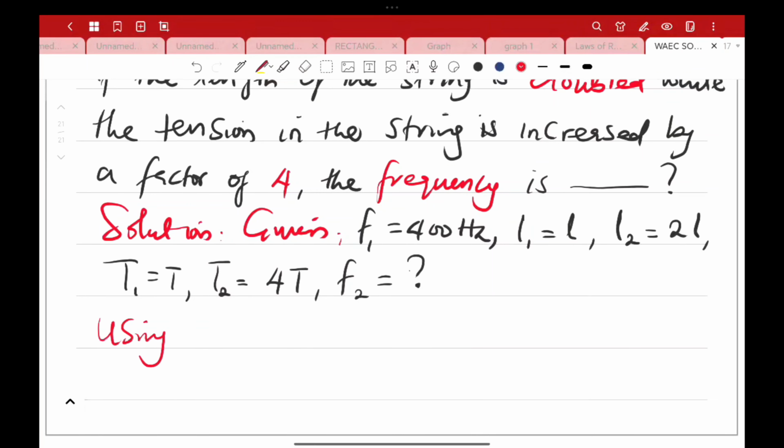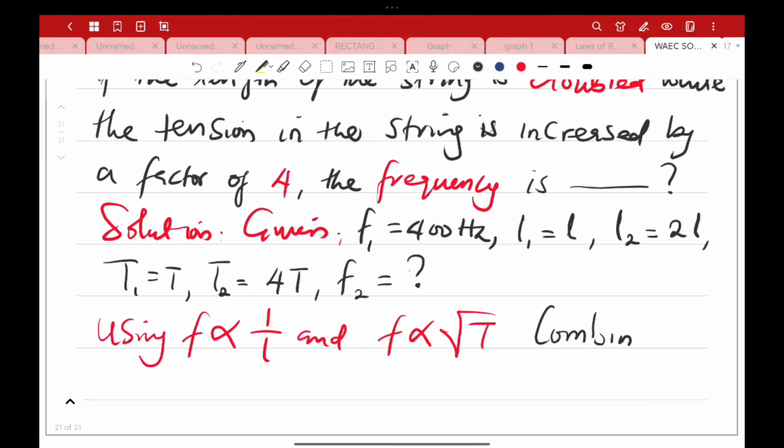Using these formulas, F is inversely proportional to length and frequency is also directly proportional to the square root of tension. So combining these two equations, we obtain a singular formula that we can use in solving this question. F is inversely proportional to length, times the square root of tension. Is that clear?